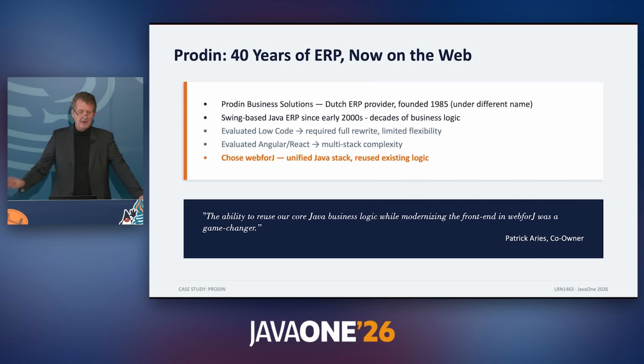And they came from a non-Java ecosystem in the early 2000s to Java with a Swing application and a Swing UI, and they have decades of business logic that has been translated and transferred to the Java ecosystem. And from their Java code, they even inherit some of the older code with some specific technologies.